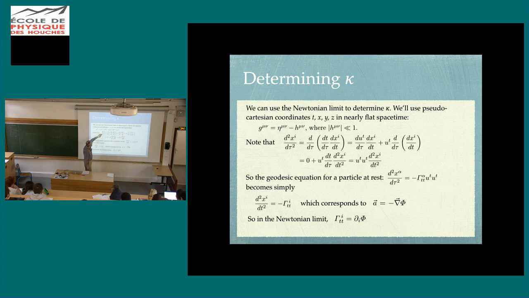So if I want to get the acceleration of a particle that's free in this limit where I'm just tweaking the metric a little bit away from flat space-time, a weak field limit, here's the geodesic equation, but I've got a version of this double derivative with respect to tau.